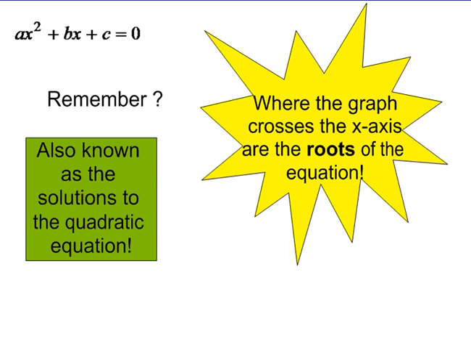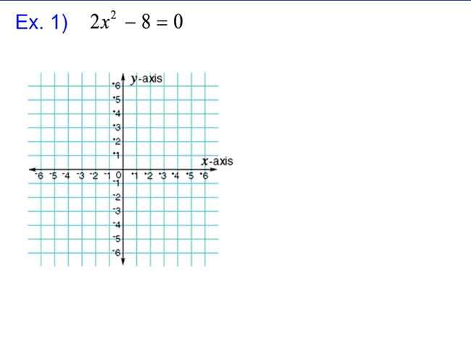So let's graph a few problems. First of all, 2x squared minus 8 equals 0. It's good to know the characteristics before you start graphing. Because we are in standard form and the a is positive, this is going to be an opening up parabola. Because there's a number here, 2, it is 2 times the norm.